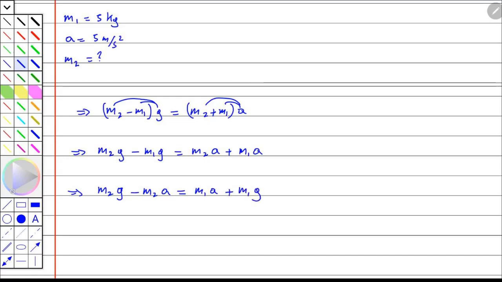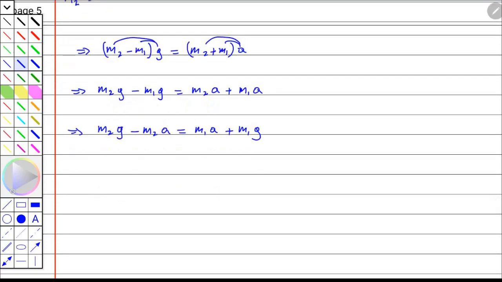So now we are able to take M2 and M1 as common factors. So M2 times G minus A equals M1 times A plus G, and we divide with the coefficient of M2.